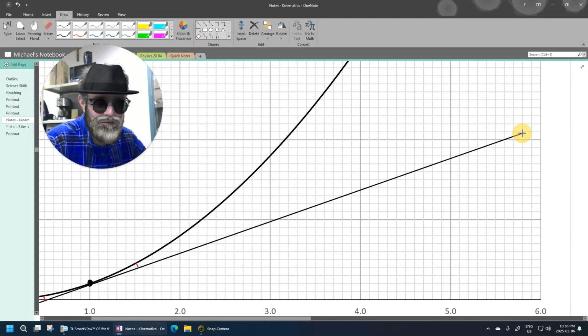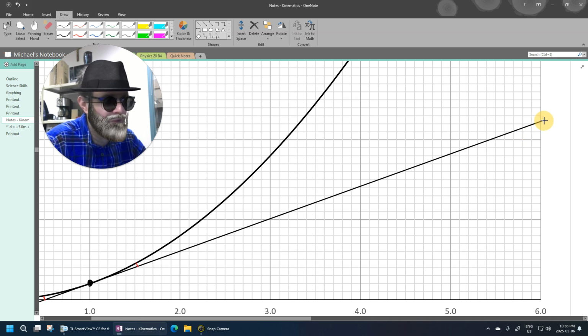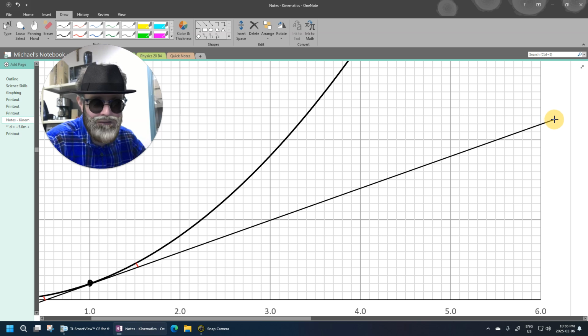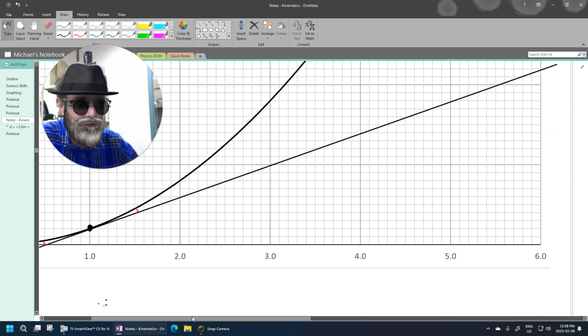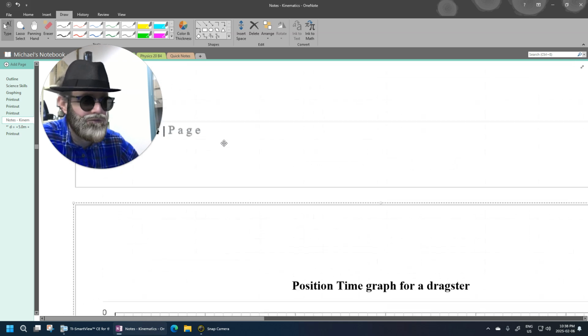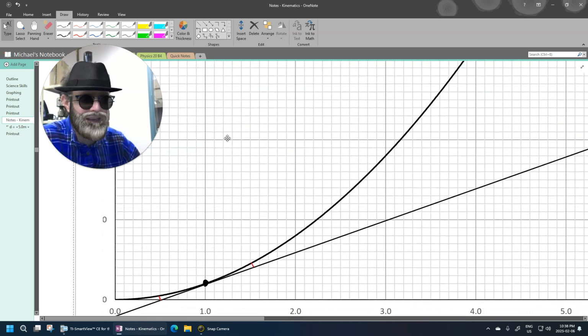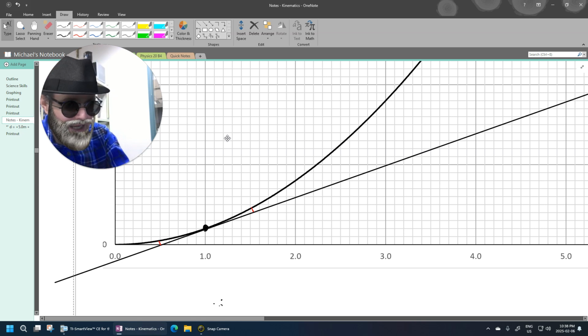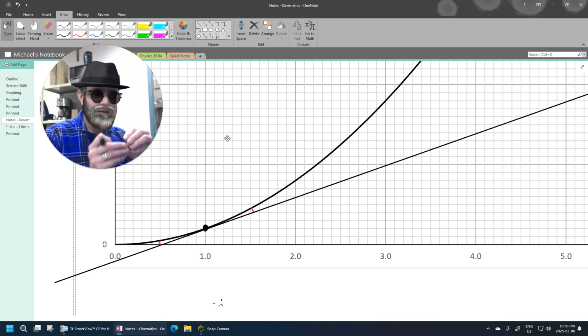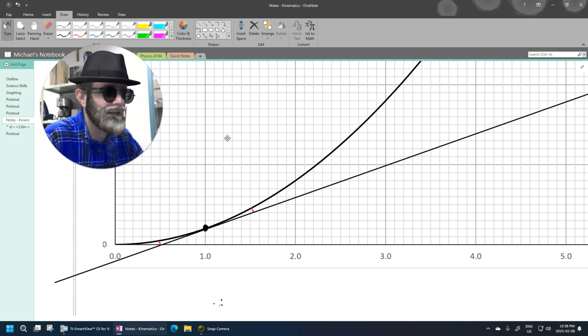I want to make a pretty big line here because I want to find the slope of this line, because the slope of the tangent is the instantaneous velocity of this object, this dragster, at the time the tangent touches the graph. So at time 1, because my tangent is touching time 1, this will be the speed or the velocity of this dragster at that time.